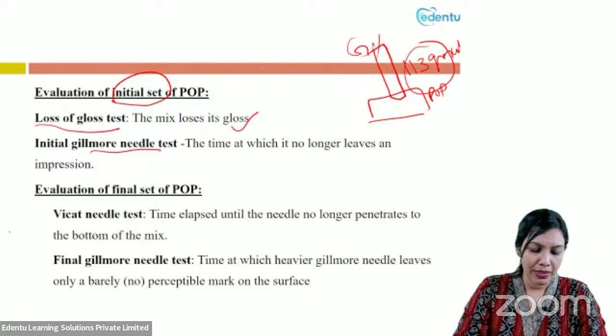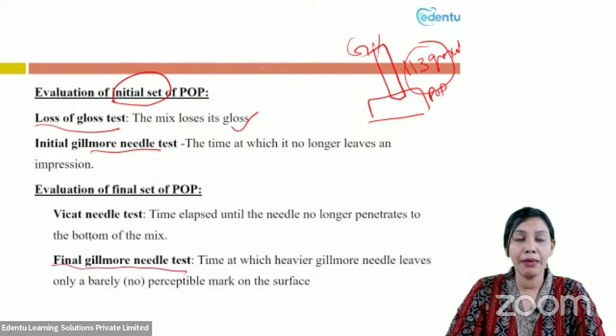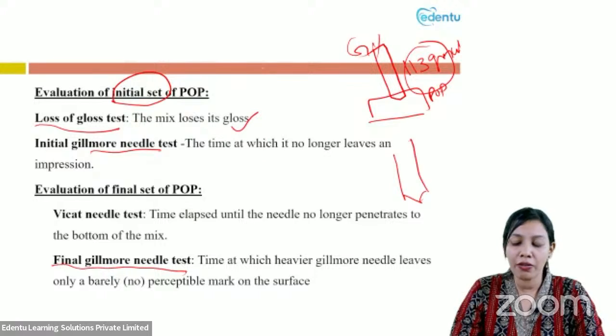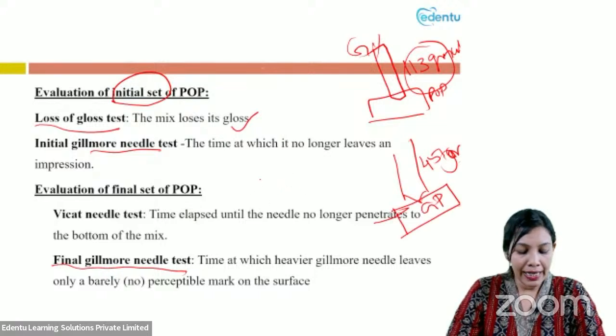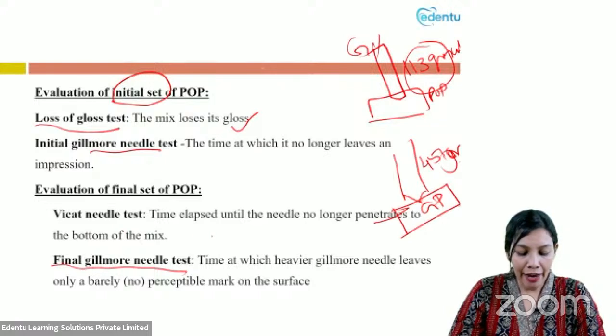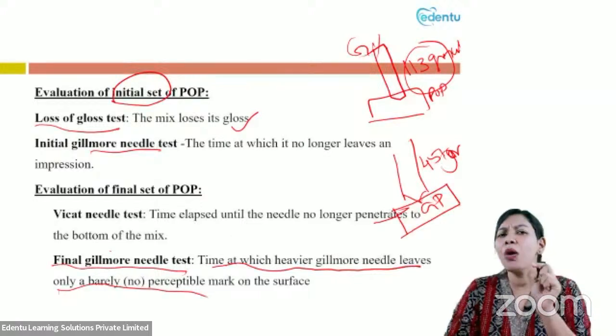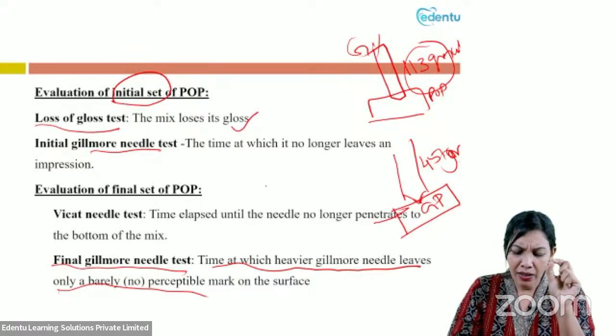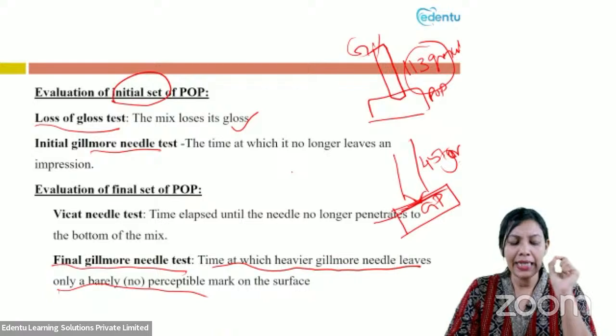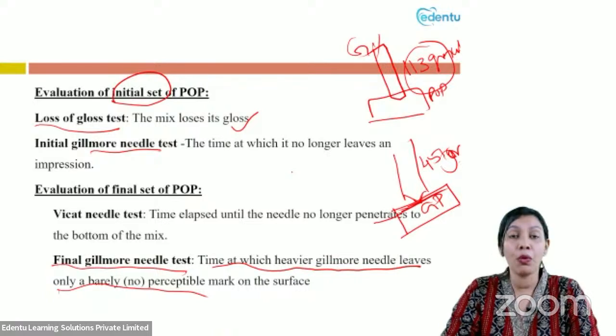The next is the final Gilmore test. Again, we use the same Gilmore needle but with a heavier weight of 453 gram, applied on the surface of the gypsum product. The time at which the heavier Gilmore needle leaves only a barely visible, very small indentation, or no indentation at all, is called the final Gilmore needle test.